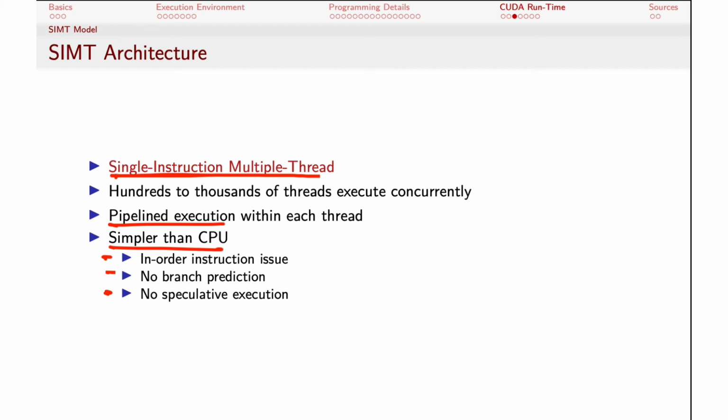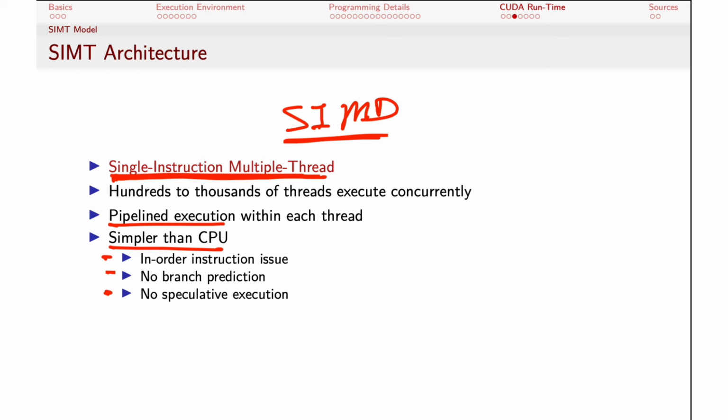This single instruction multiple thread idea should be reminiscent of something we talked about when we discussed Flynn's taxonomy, the MIMD and SIMD thing. So this is quite close to what we talked about before as single instruction multiple data. Now that kind of processor architecture, which is quite similar to what's going on here in the CUDA core, is designed to run a single instruction at a time across a bunch of different pieces of data that we're calculating with.